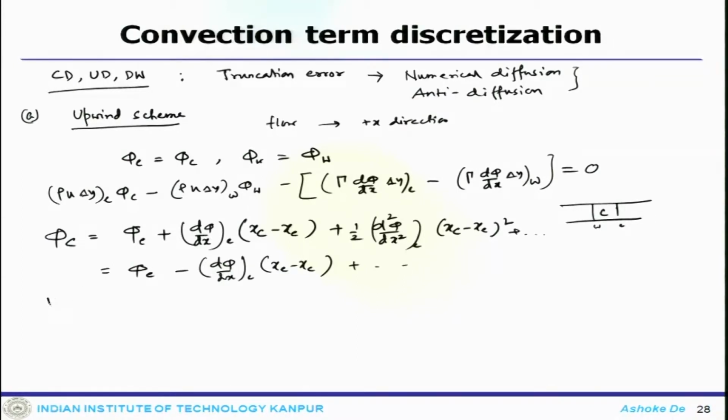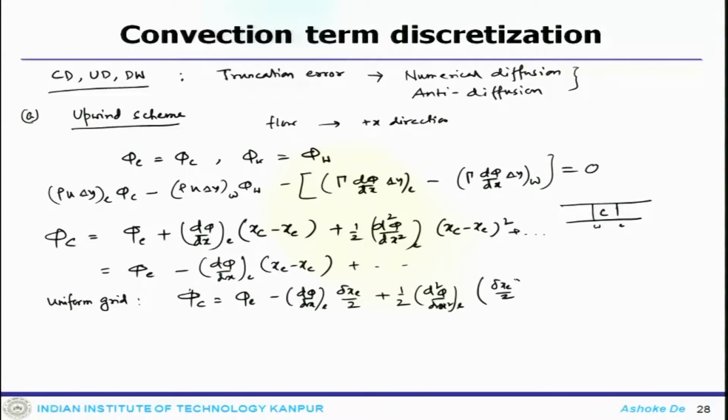Now, if you have uniform grid, then phi c equals phi e minus d phi by dx e del x e by 2 plus half d 2 phi by dx 2 at east, del x e by 2 square.